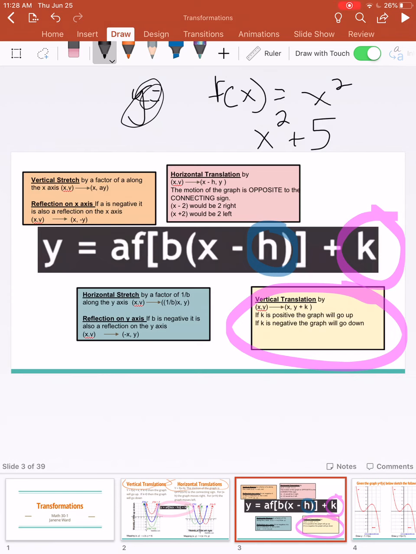The H value, what that means is you're actually replacing the x with that expression. And the sign is always opposite. So if I have x minus 2 here, it would mean I'm moving 2 to the right. When I have x plus 2, it would mean 2 to the left.